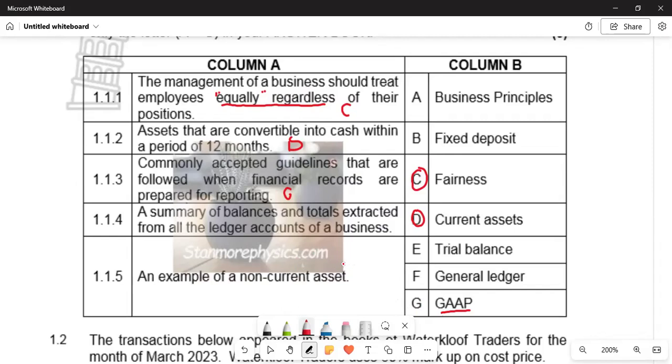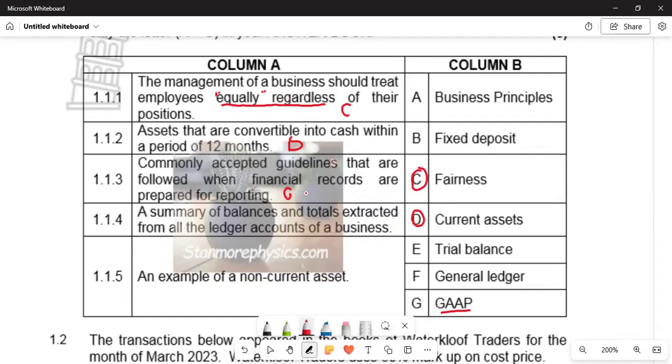It is a set of rules, standards and procedures that accountants follow when preparing financial statements and when reporting financial information. Hope you get it.